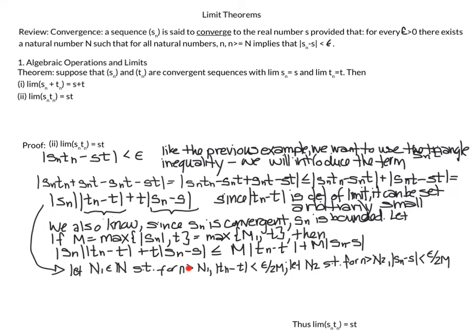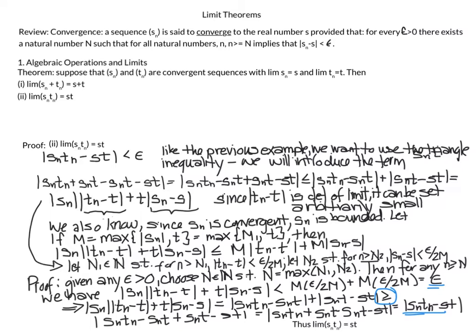Now what I can do is set my |Tn - T| to be less than epsilon over 2M. And I'm going to let N2 be such that for n greater than capital N2, |Sn - S| is less than epsilon over 2 divided by M. And then I can plug it into my proof, which I'll let you take a look at.